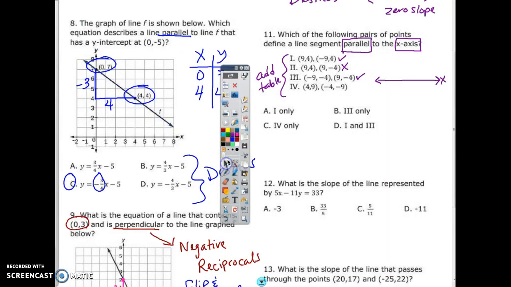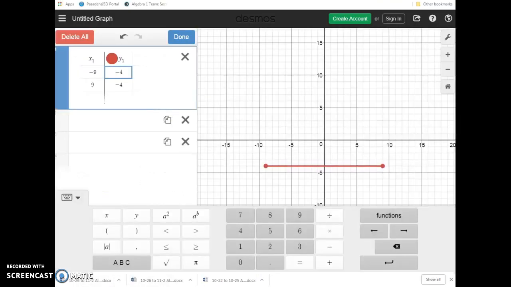Let's check Roman numeral 4. I'm changing this, it becomes a 4. And this is a 9. And then this point is negative 4. And this is negative 9.